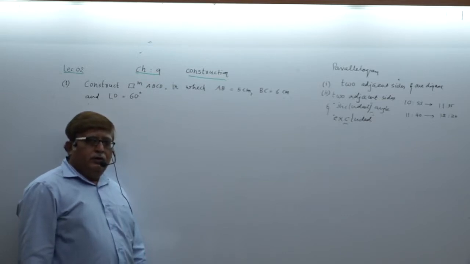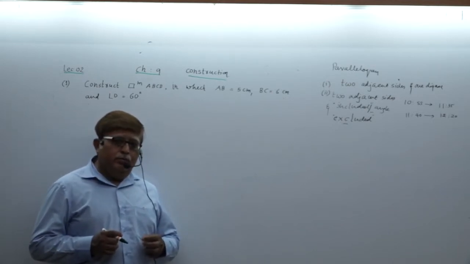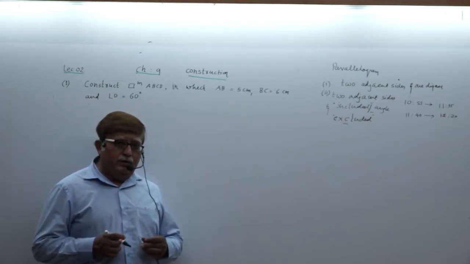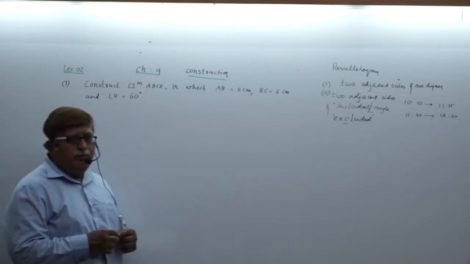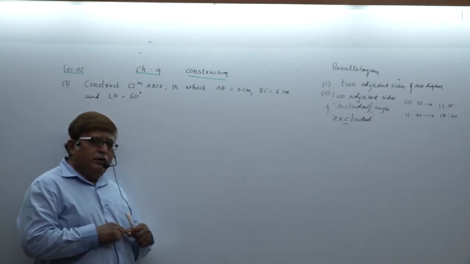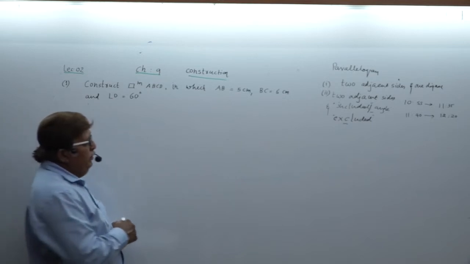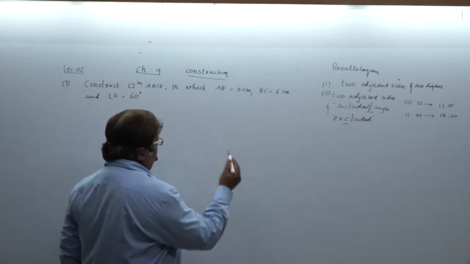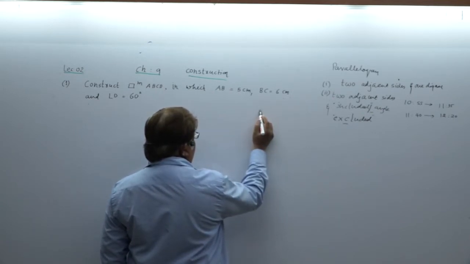Third one, diagonals bisect each other. So you, dear student, already know three properties of parallelogram. One by one, each and every property gets utilized when you are performing the construction of parallelogram. Here, to be more precise, let us draw the rough sketch of parallelogram.